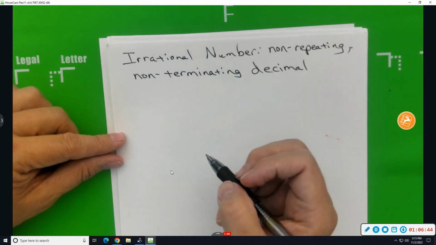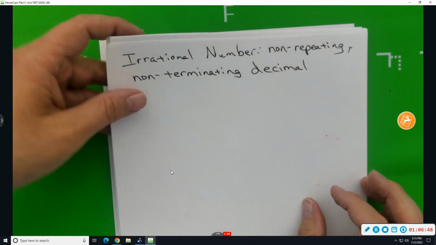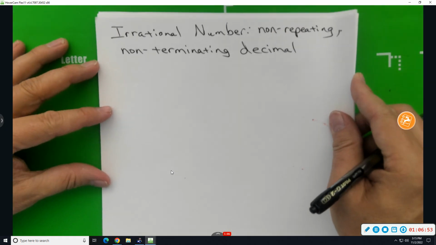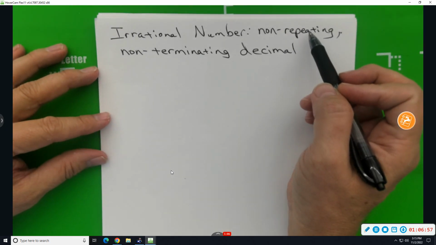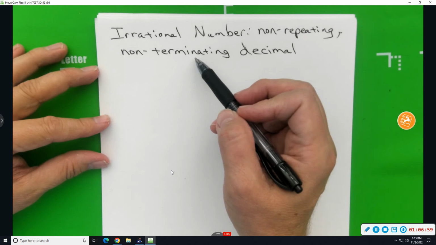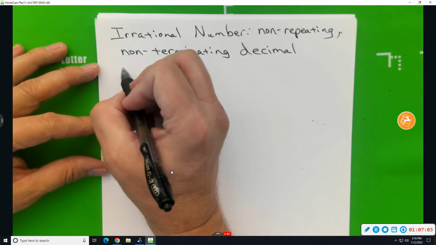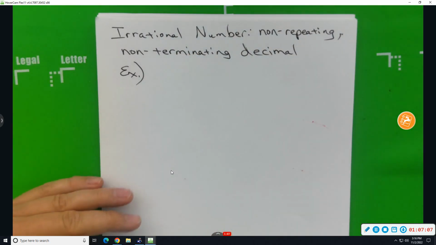I suppose the most famous example of an irrational number would be the ratio of the circumference of a circle to its diameter. The digits never repeat and they never terminate, so to express the exact value we have to use a symbol. What's that symbol in terms of circles?